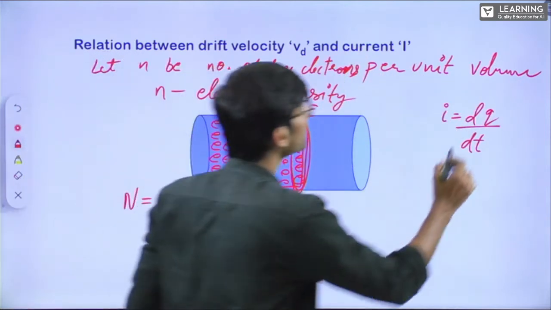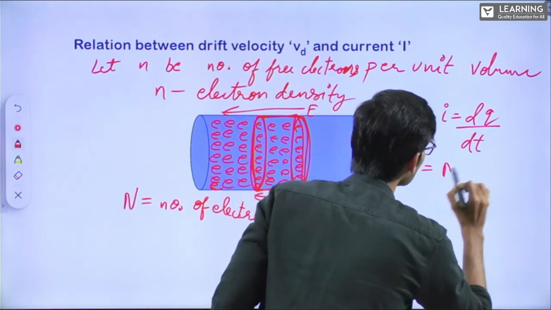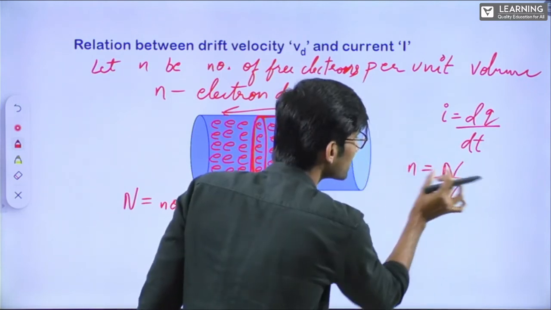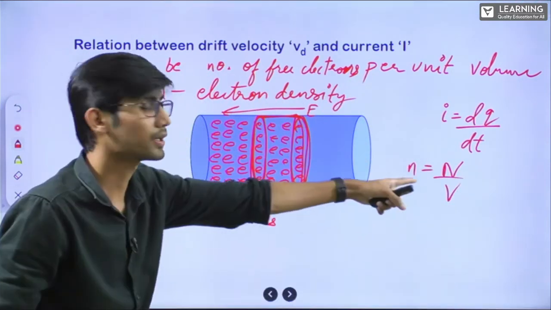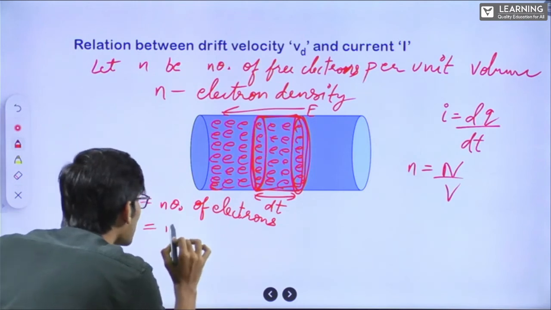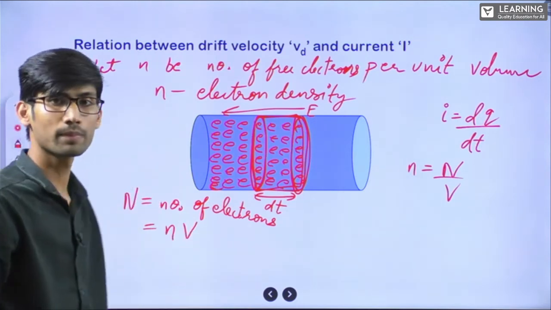So the number of electrons N is electron density into volume. Yes or no? So N is basically electron density into volume.